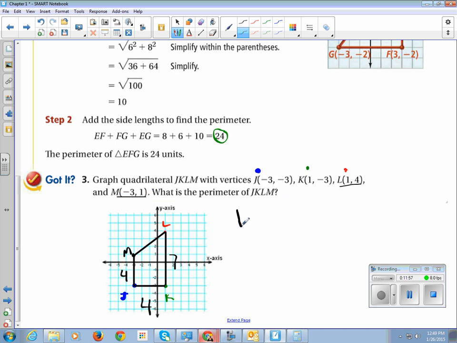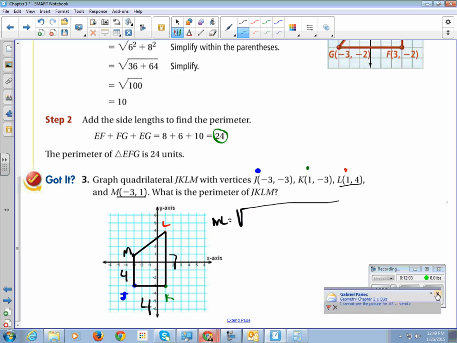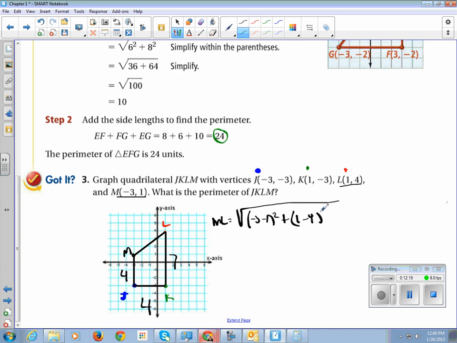So I'm going to go square root. ML equals square root of -3 minus 1 squared plus 1 minus 4 squared.